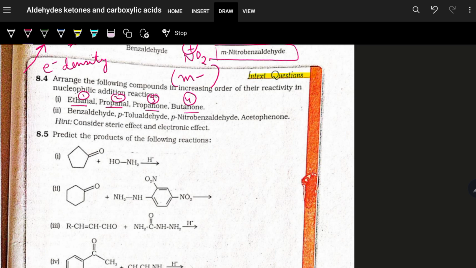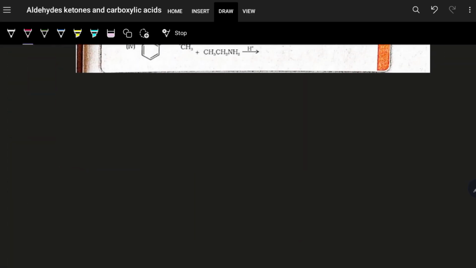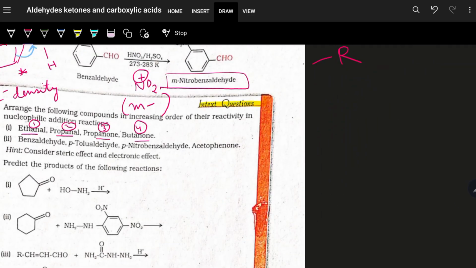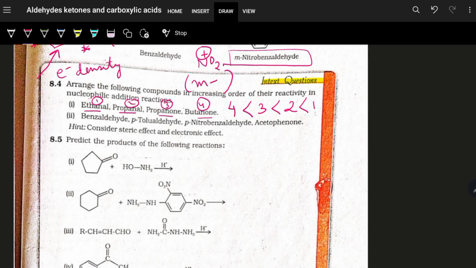Aldehydes are more reactive. 1 and 2 are more reactive, but ethanal has fewer carbon atoms, so I will say 1 is most reactive, then comes 2. Now, butanone and propanone, what are they? Ketones, so less reactive. But propanone is more reactive because it has fewer carbon atoms than butanone. So it is 4, 3, 2, 1.